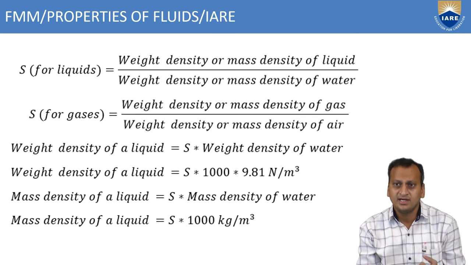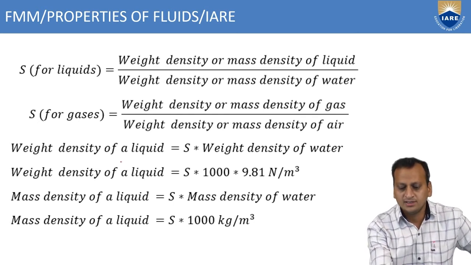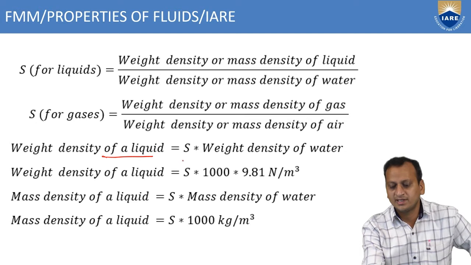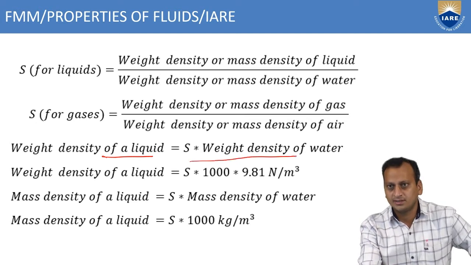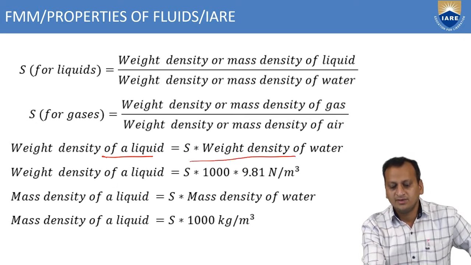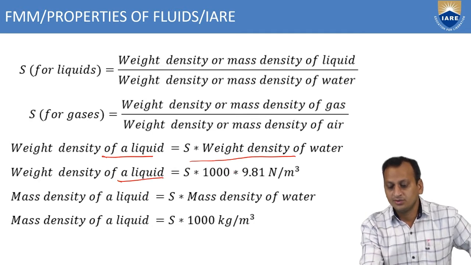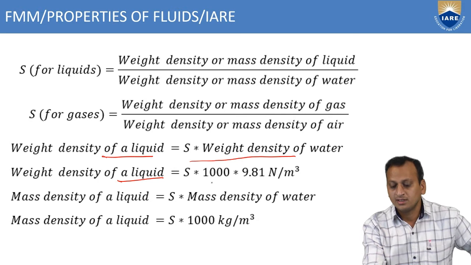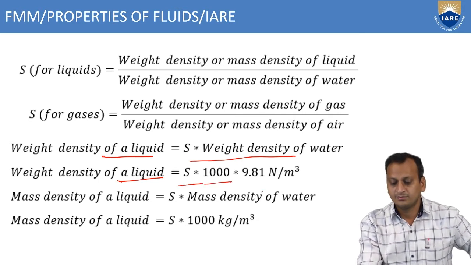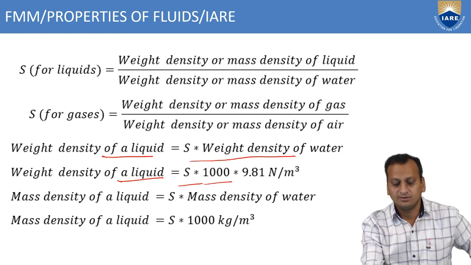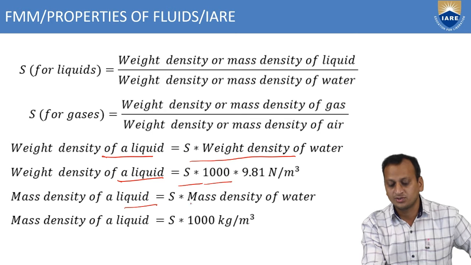Therefore, weight density of liquid is equal to specific gravity into weight density of water. We know the weight density of water is 1000 into 9.81. Then we will get the weight density of a liquid. Similarly, mass density of liquid equals specific gravity into mass density of water, whereas mass density of water is 1000.